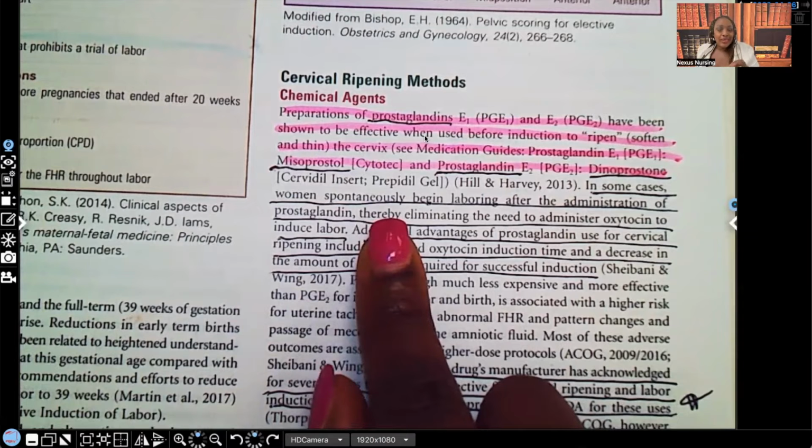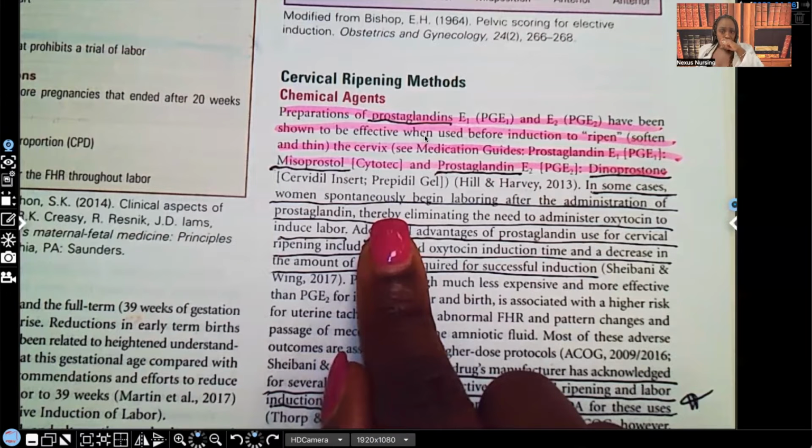But after she gets that prostaglandin, she automatically goes into labor, right? Those contractions come on. So there's no need to give Pitocin because remember what Pitocin does, Pitocin, oxytocin, what? It does what? Brings on contractions. But we see this in some cases, as soon as mom gets that prostaglandin to ripen the cervix, she starts having contractions on her own and we don't have to give the Pitocin.